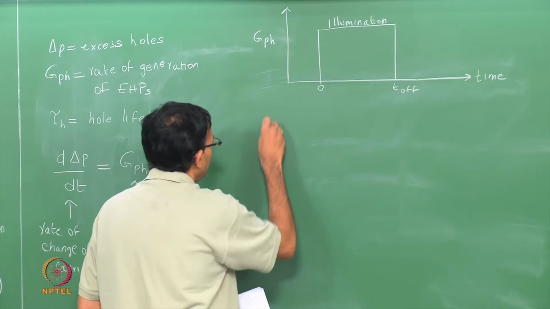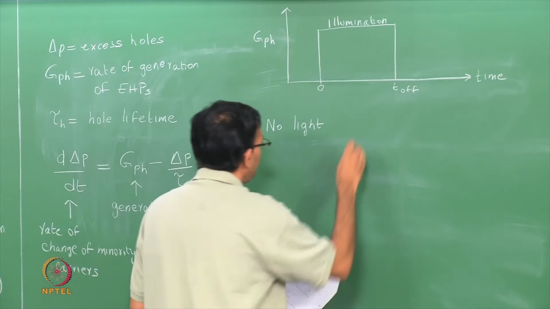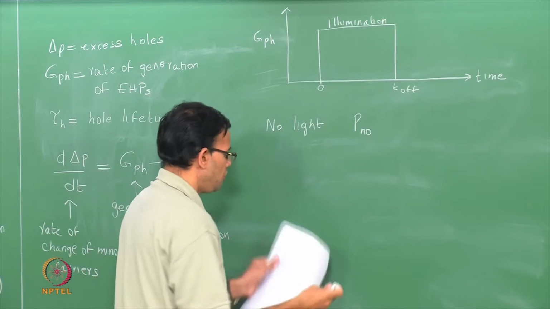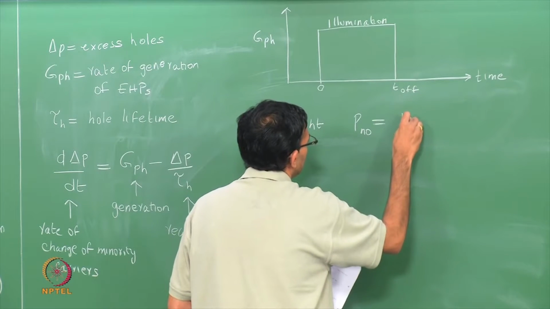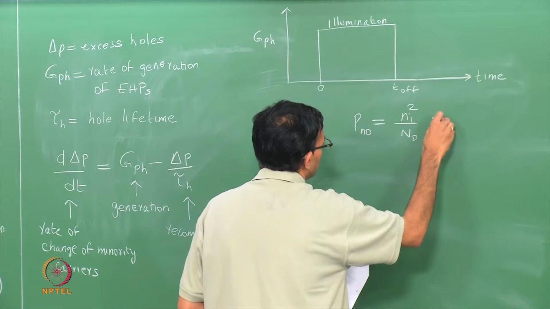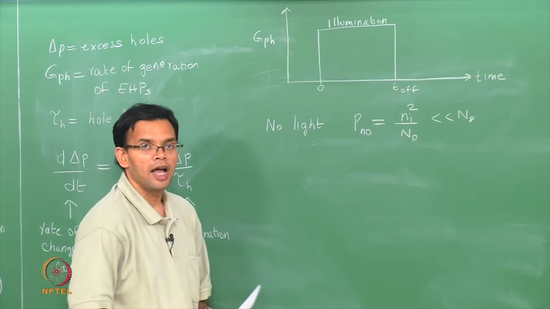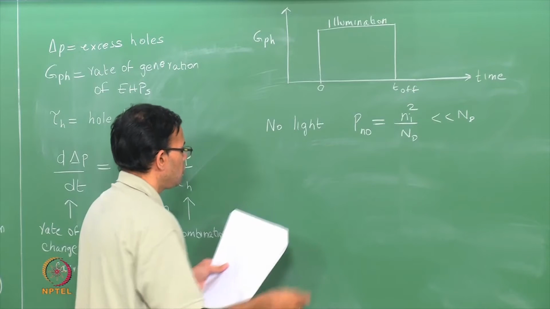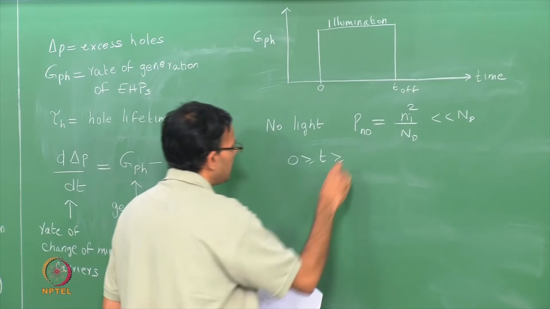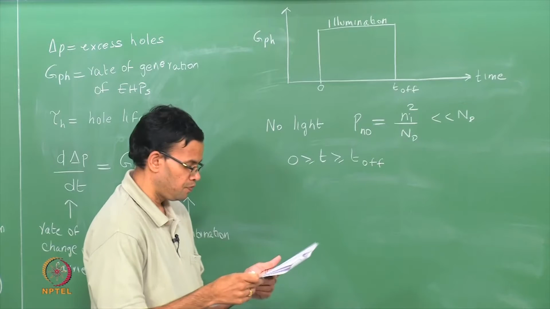So, when there is no light initially, p n naught, which is just the concentration of holes in your n type semiconductor, is ni square over Nd, which is much smaller than Nd. Now I have the light being turned on, so that my time is greater than 0, but before it is switched off, so it is before t off.